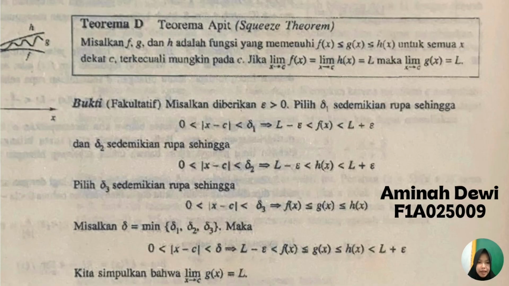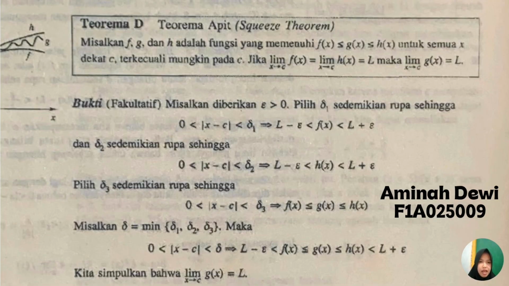Next, I will explain Theorem D. First, let's look at the statement of the theorem. Theorem D, the Squeeze theorem. F of x is less than or equal to g of x, which is less than or equal to h of x. Suppose f, g, and h are functions satisfying the inequality above for all x near c, except possibly at c.